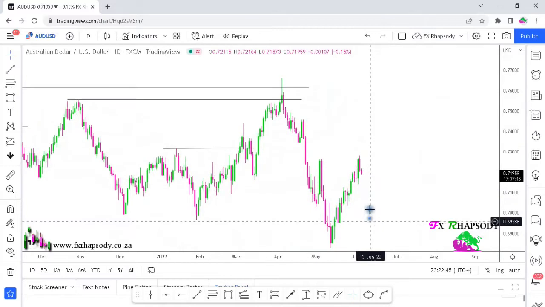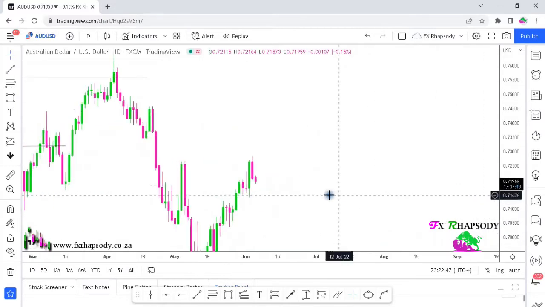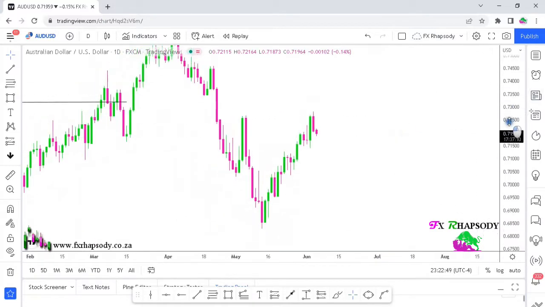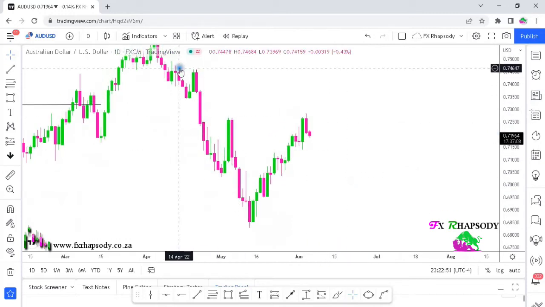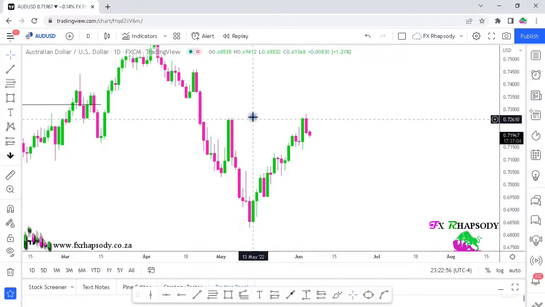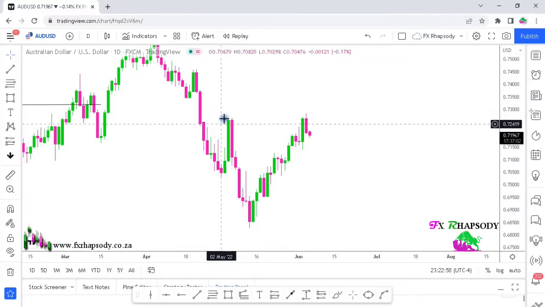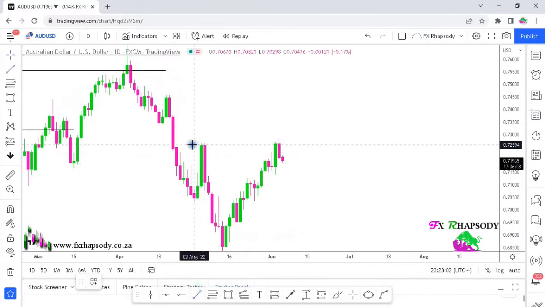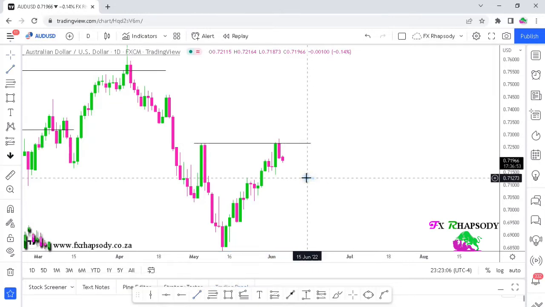Now what we have currently, and this is the reason I'm showing you, because currently we have this huge bearish movement in the market, price going up a little bit, forming that big retracement and then tumbling down again.